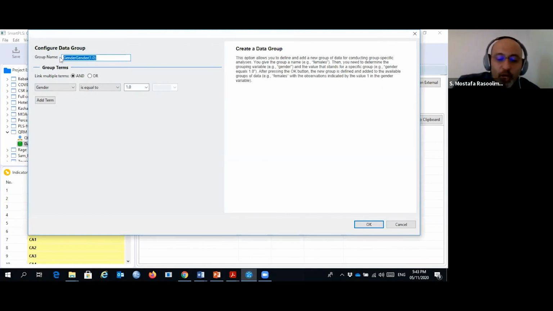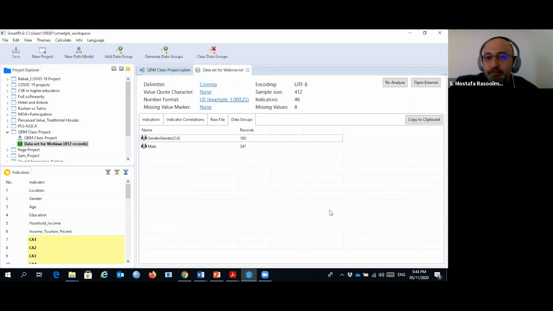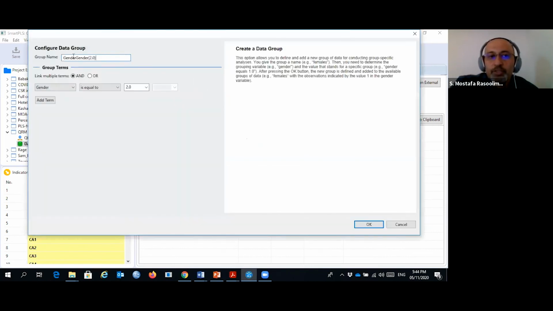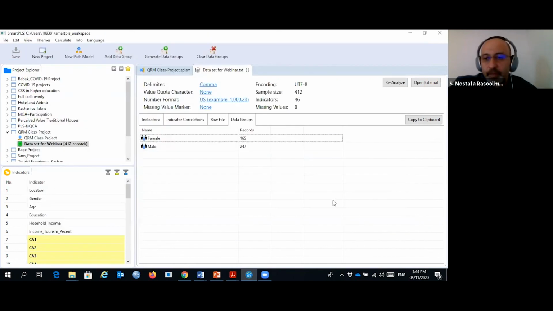So the value of one we can change to male, and two we change to female. So now we have these two groups. Male includes 165 samples and female 247 samples.